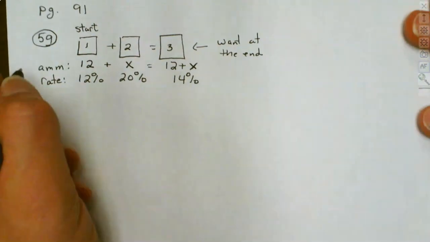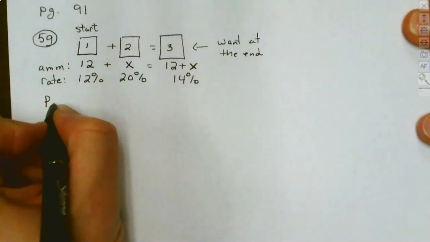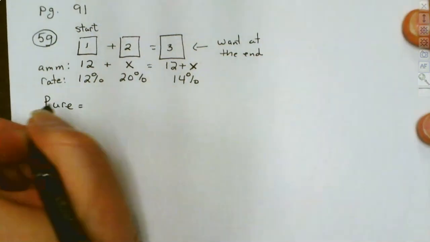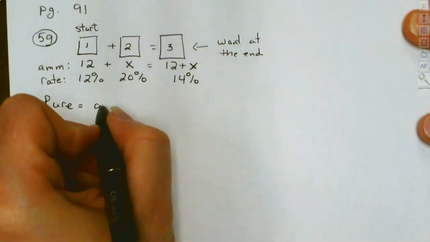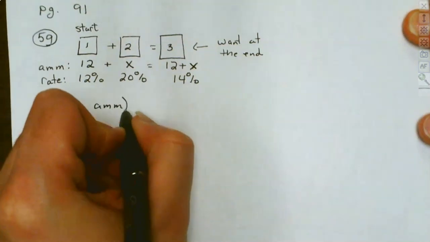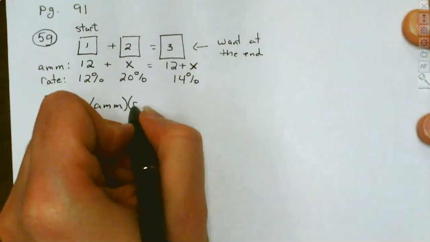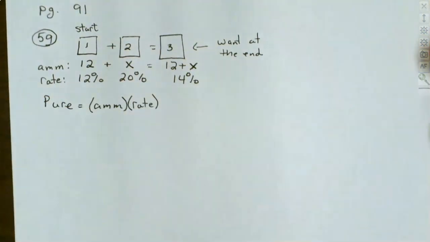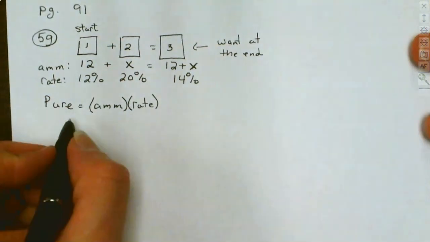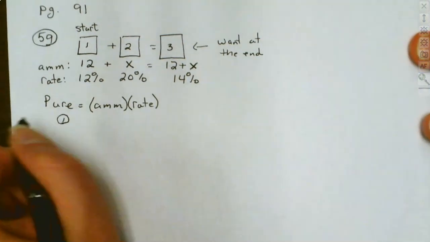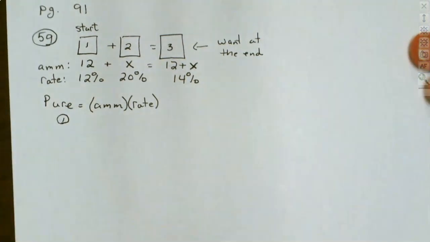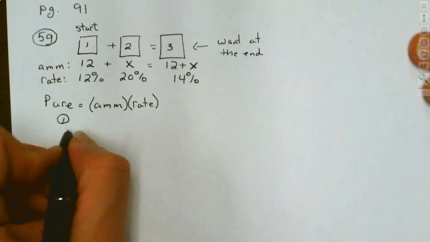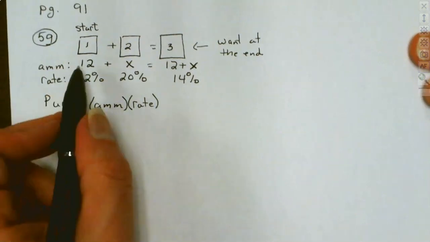Instead of interest, we work with what's called the pure. And the pure is like the interest. Pure is the amount times the percentage rate. So that's going to give us our pure. For our first container, we've got 12%, 12 liters.